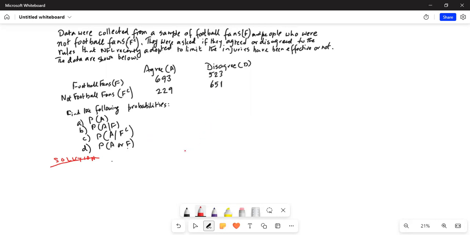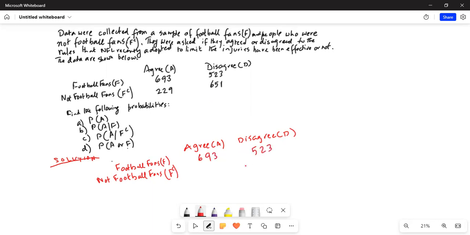I'll copy the numbers from the table again. Agree column, which is A, and disagree column, which is D. And then we have two types of people: football fans, indicated by F, and not football fans, F C. So 693 and 523 in the first row.